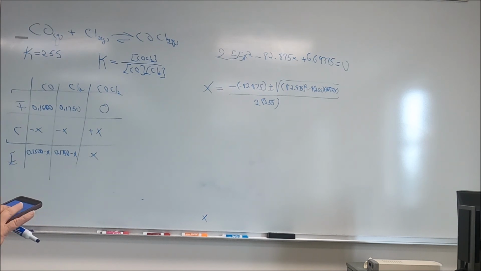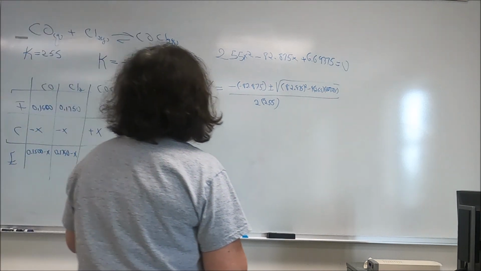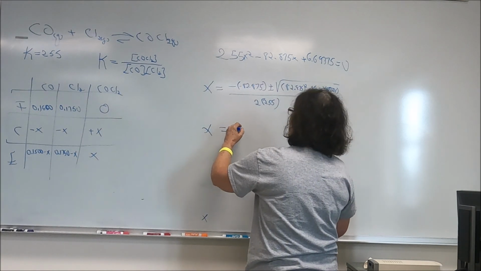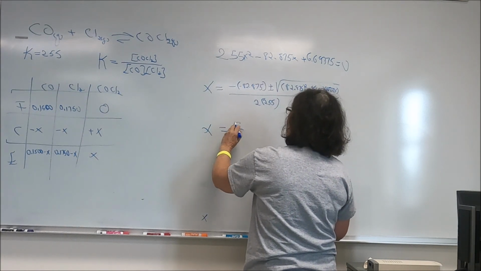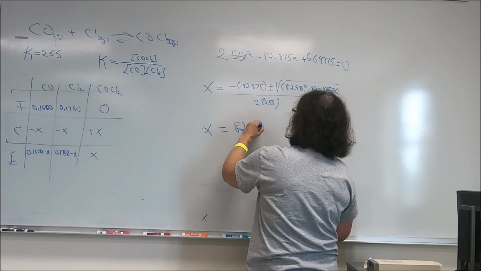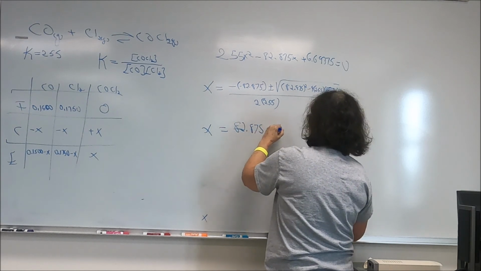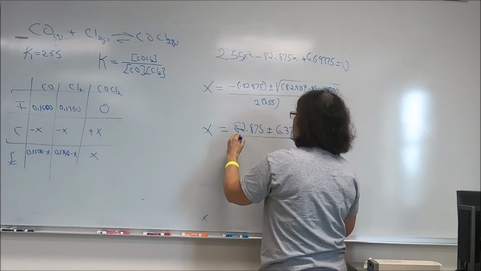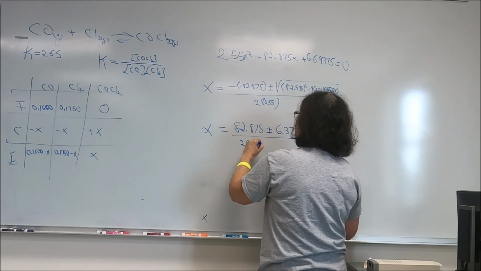Okay, square root equals. So I've got x equals 82.875 plus or minus 6.37 over 2 times 255.